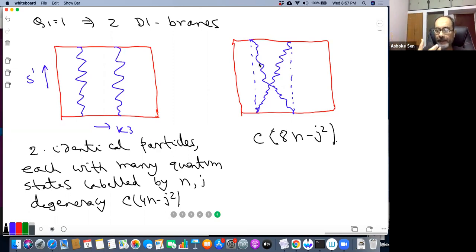So the unit of momentum on this twice wrapped D1 brane is half the unit of momentum on S1. So n units of momentum along S1 will correspond to 2n units of momentum on this D1 brane. But otherwise, the problem is the same. It's moving in the transverse space K3. So that's why you get this.